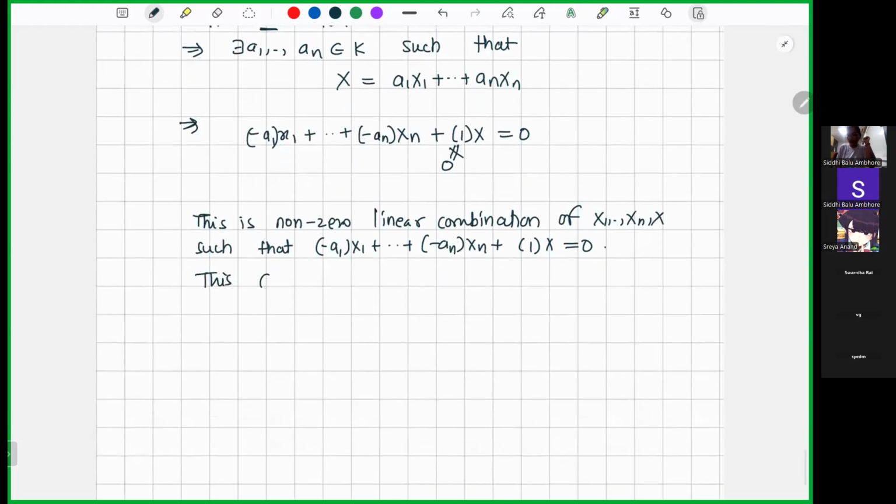This contradicts the linear independence of x1 to xn and x. So therefore our supposition was wrong.